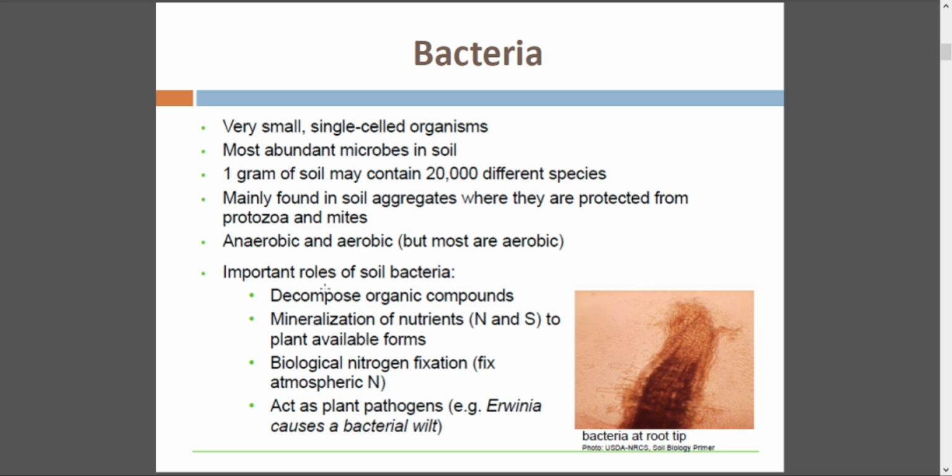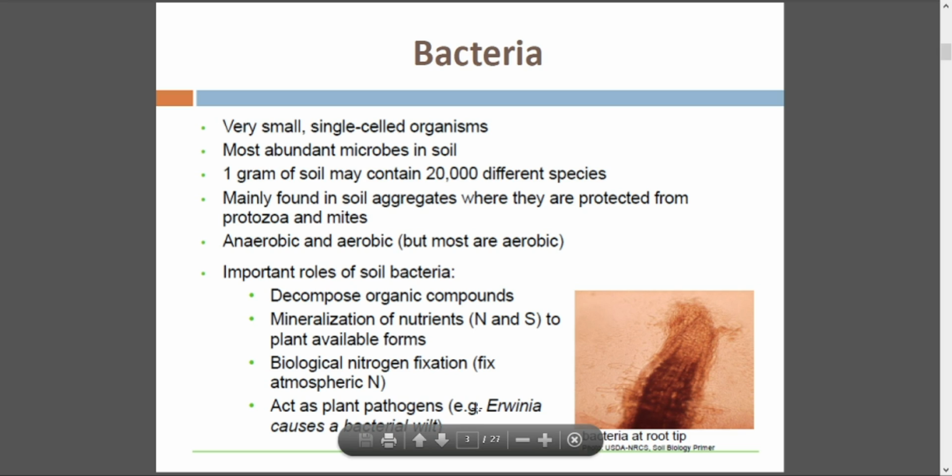The importance of bacteria includes decomposing organic compounds, mineralization of nutrients, for example nitrogen and sulfur, to plant available forms, and biological nitrogen fixation. They also act as plant pathogens, and this is a negative effect of some types of bacteria.